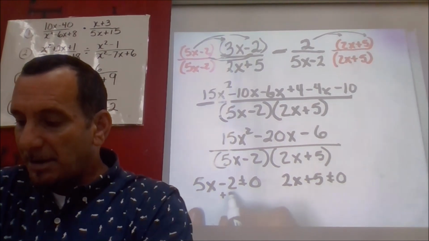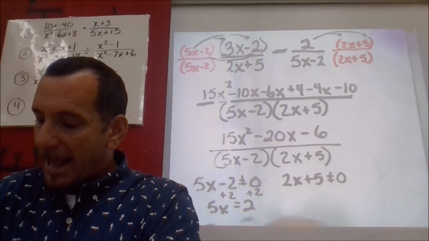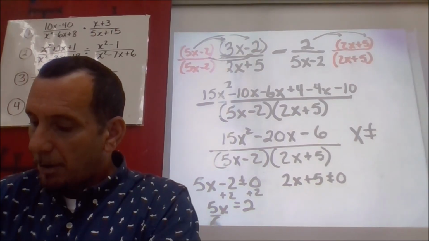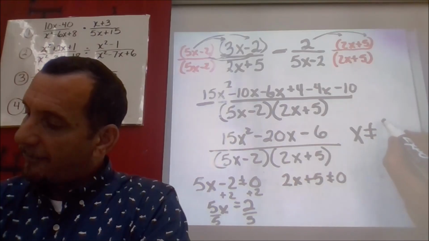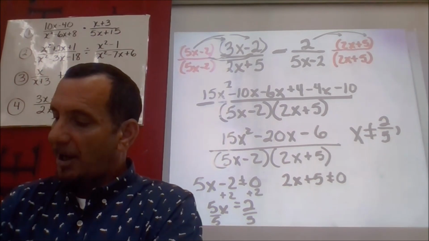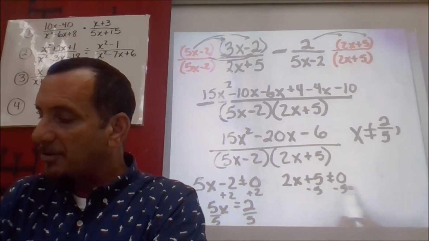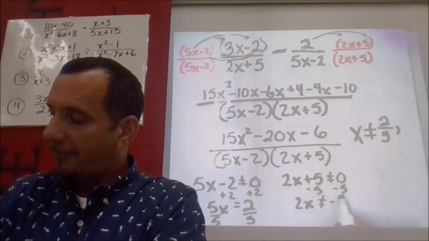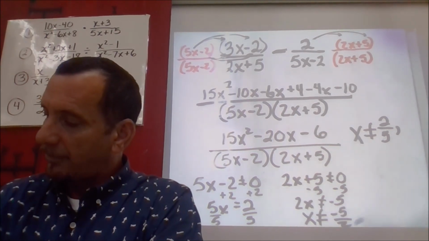And all I'm going to do here is add 2. 5x equals 2, and x cannot equal 2 over 5, 2/5. X cannot be 2/5. And the same thing with this one. I'm setting this factor to 0, so x cannot equal negative 5, and x cannot be negative 5 over 2.